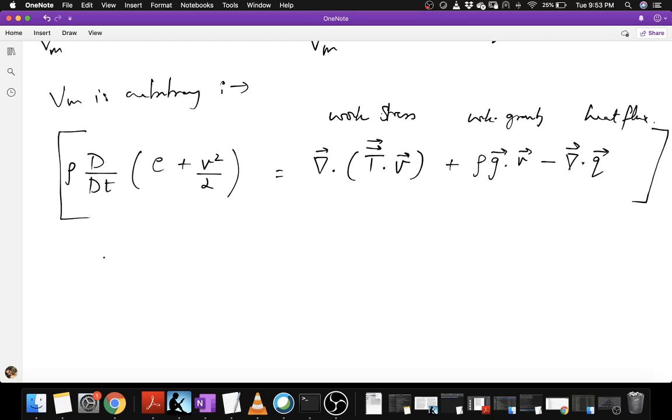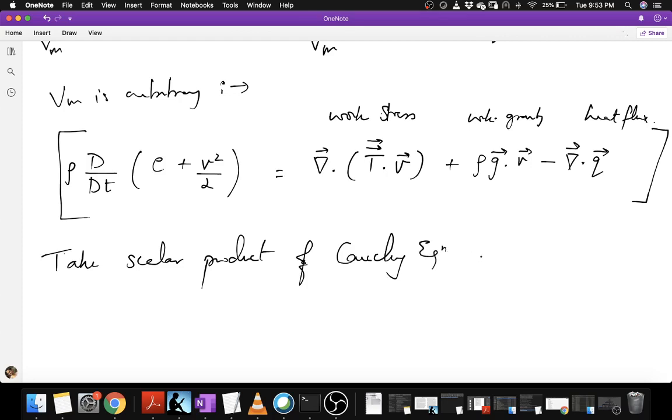And so for that, in order to decouple these effects, let's take the dot product, take the scalar product of Cauchy's equation with the velocity vector. Yes, so what will this give us?